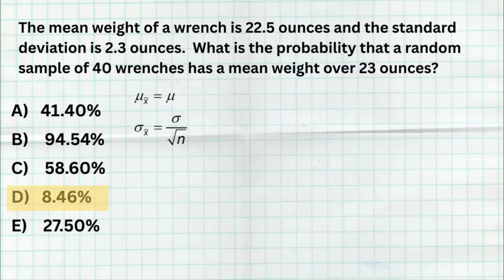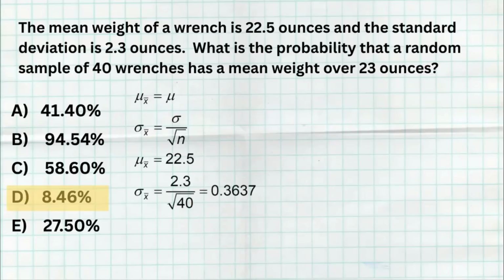Well, here are the formulas that can be found on the AP Stats formula sheet. So the mean of a sampling distribution equals the mean of the population. Okay, that makes sense. And the standard deviation of a sampling distribution for means is the standard deviation of the population divided by the square root of your sample size. Yes, one wrench may deviate by 2.3 ounces, but the mean of 40 wrenches should be much smaller, which is why we divide by the square root of our sample size.